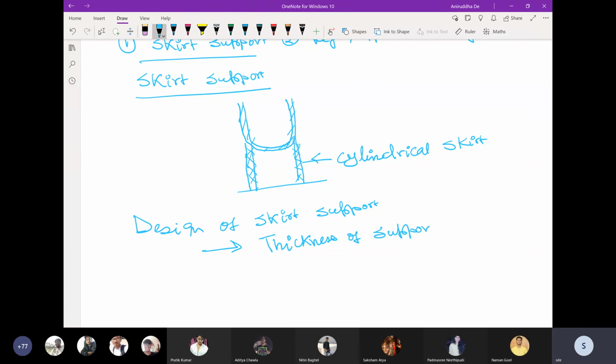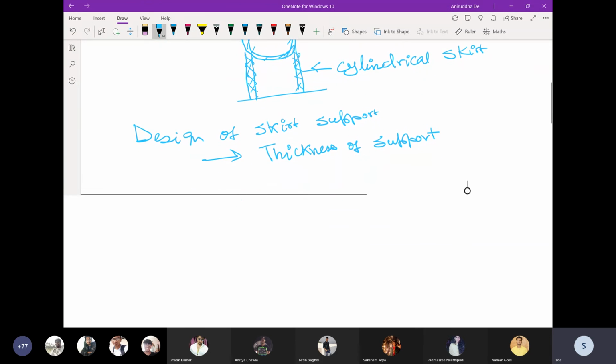Basically, the thickness of the metal sheet by which the support will be prepared. The design equations and method are like what we have done for the tall vessels. Only in this case, all the stresses will be evaluated on the cross section of the skirt.